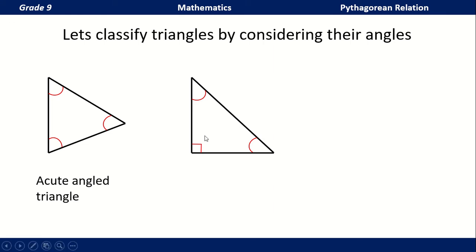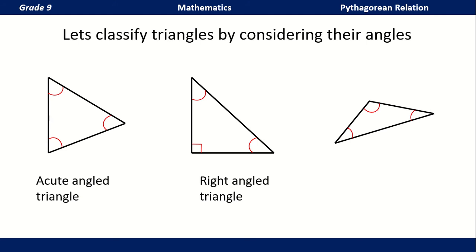If the biggest angle in a triangle is a right angle, we call it a right angled triangle. And the third type, the obtuse angled triangle. If the biggest angle of a triangle is an obtuse angle, we call it an obtuse angled triangle.